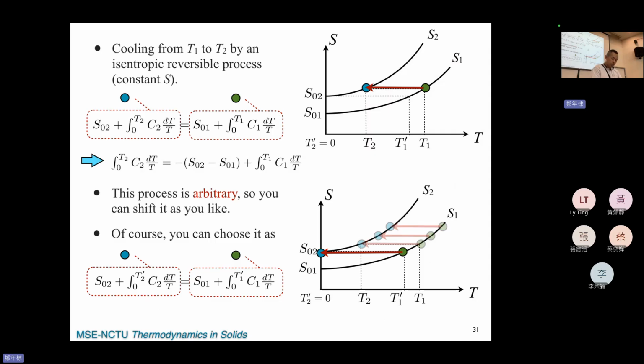If you choose this process, then you reach SO1 and make SO2 and SO1 the same, which means this violates your assumption from before.